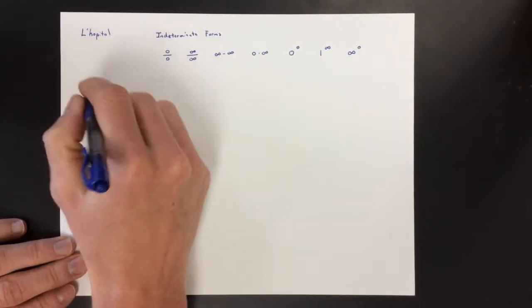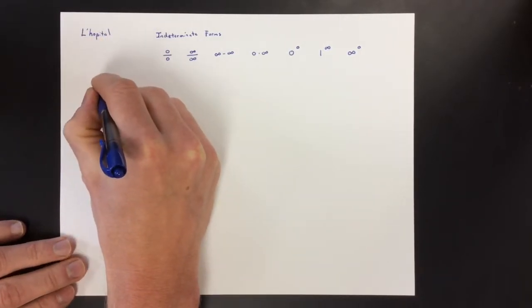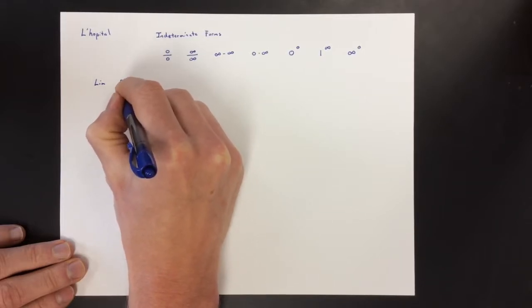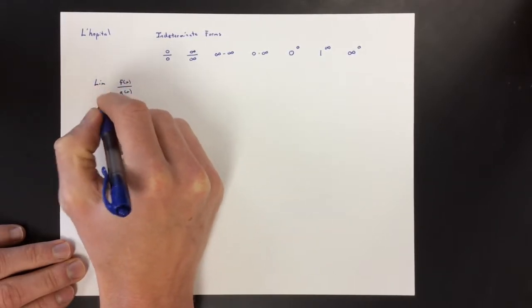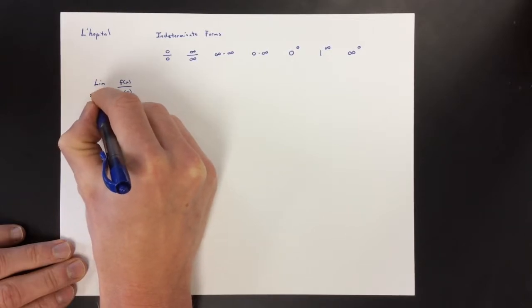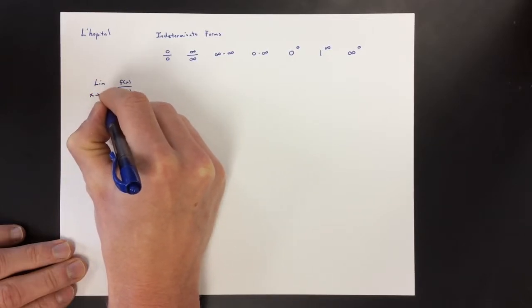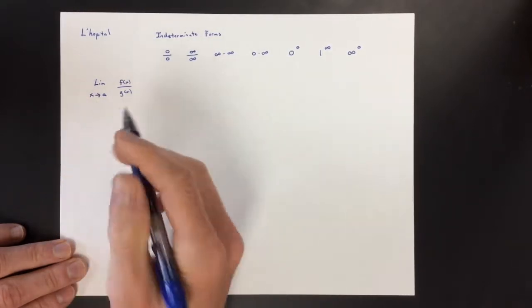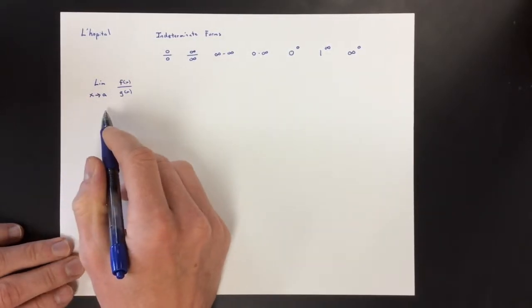So what L'Hopital says is this. The rule says if I'm looking at f of x over g of x, and x can go to anything, right? x can go to a. Sometimes we're looking at the limit as x goes to 1. Sometimes we're letting x go to 0. Sometimes we're looking at x going to infinity. That's not the point.